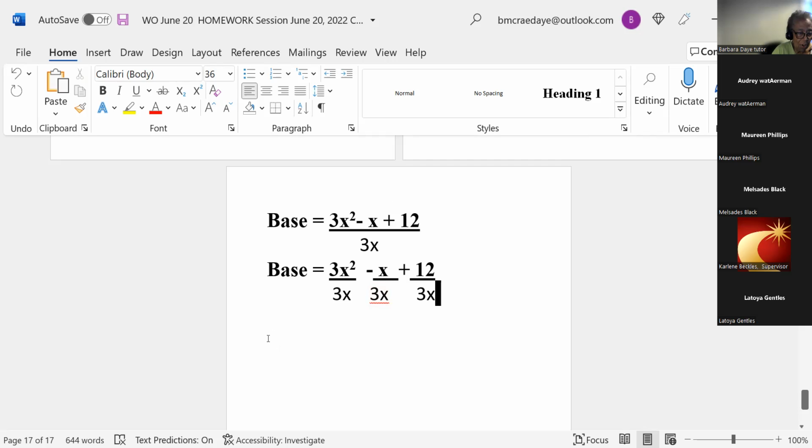Now, for the first one, 3x to the second divided by 3x is what, Maureen? 1x, just x to the first power. So it's just x, right?